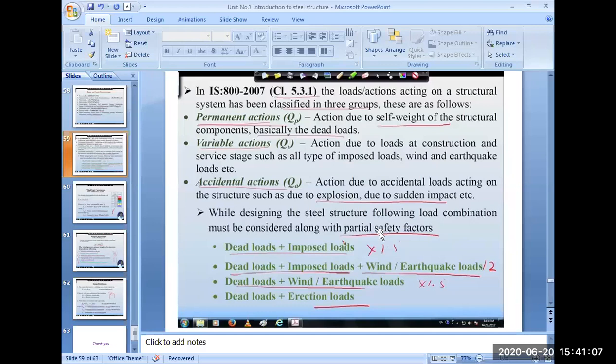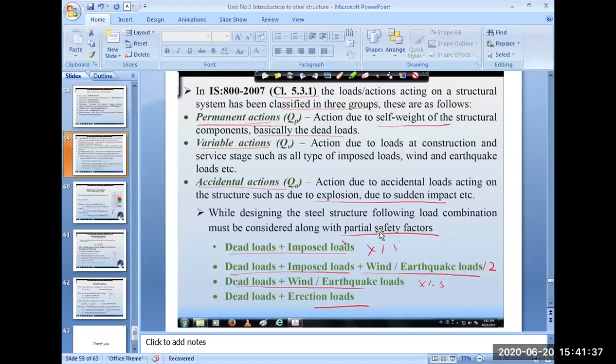But the second is variable action, where the loads change; sometimes it may be higher, sometimes less. These are movable loads: imposed loads, earthquake load, wind load. So these are not permanent actions.